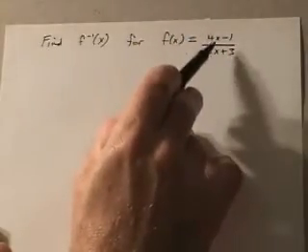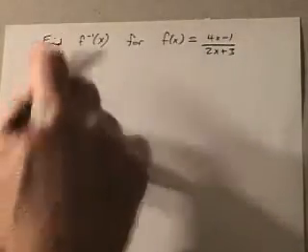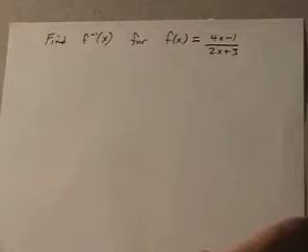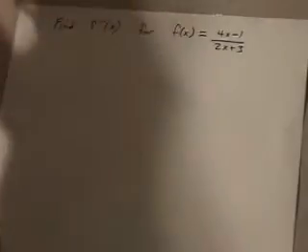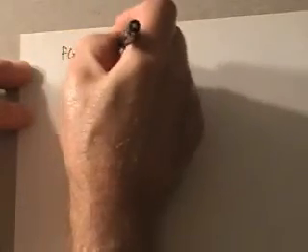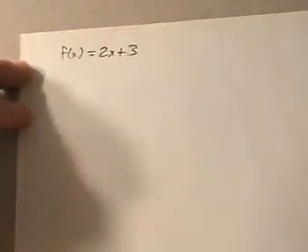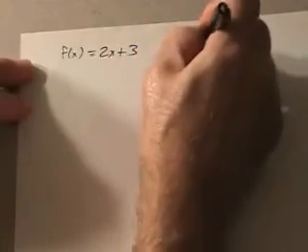Now before we get something complicated, let's put this aside for a minute, and I guess we'll do it on a separate sheet of paper. So here's a different, simple question. Suppose that f of x is 2x plus 3. Then the question is, what's f inverse of x?